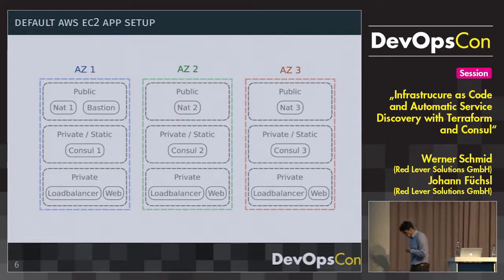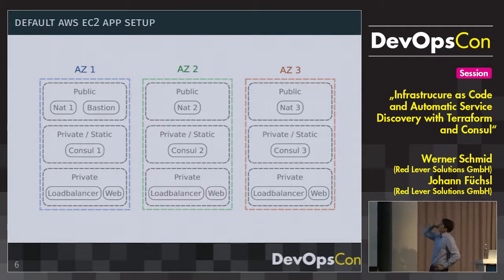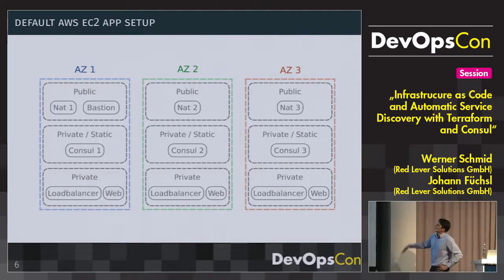Now we see all the instances we will provision in those subnets. Let's start on top, where we have the network address translation instances to provide internet access for all our instances in the private subnets. We also see one bastion host. Via that host, we are able to access all instances in all subnets.